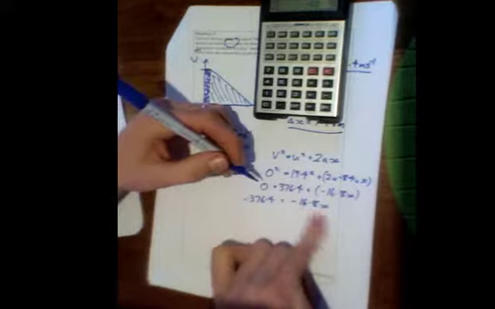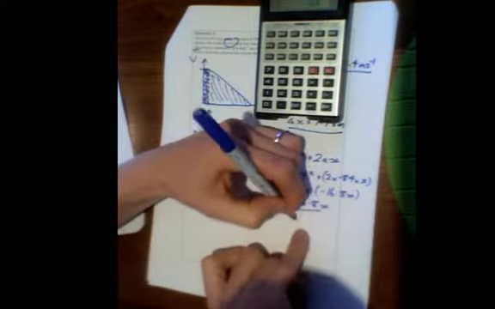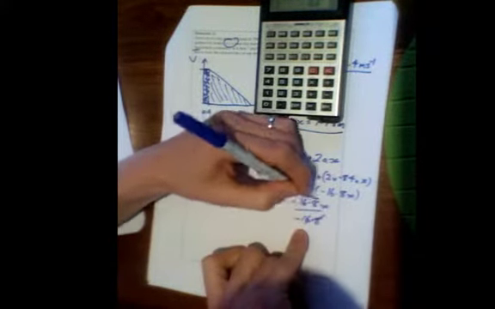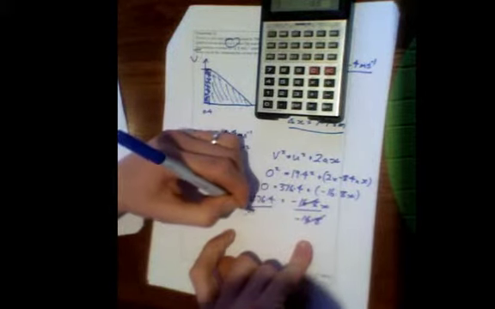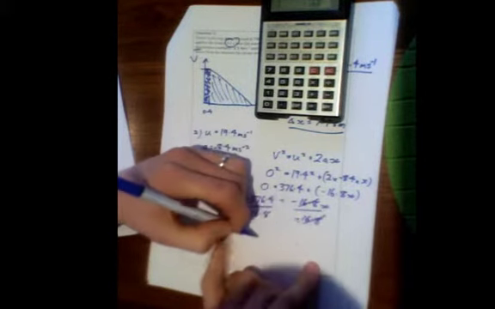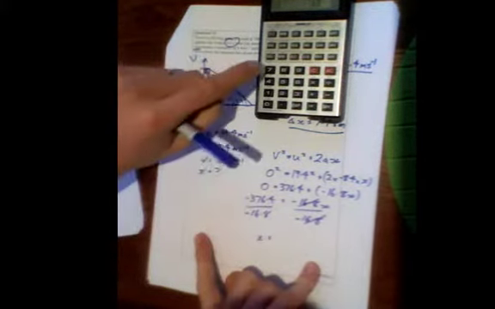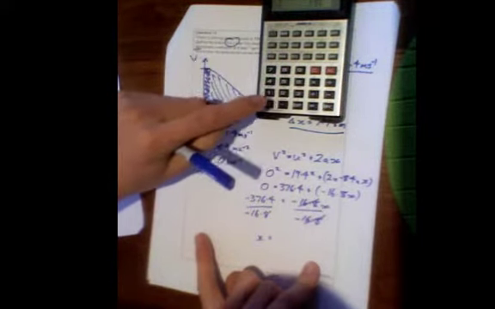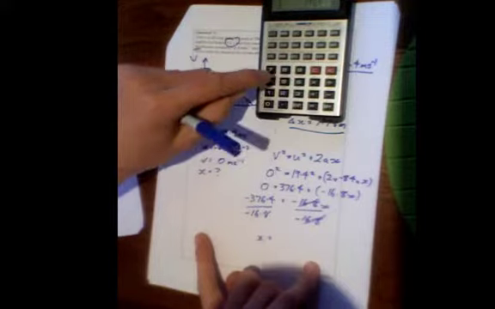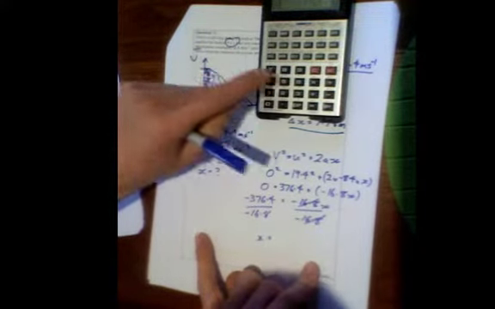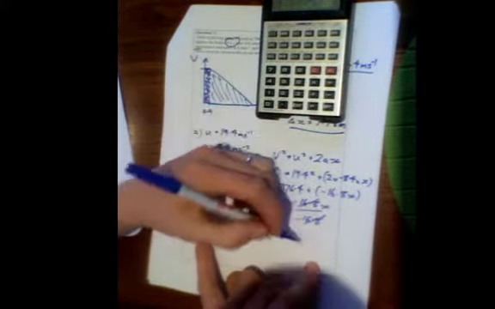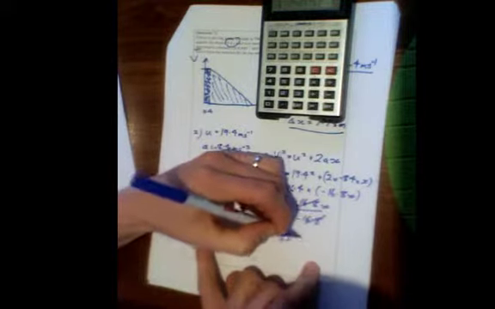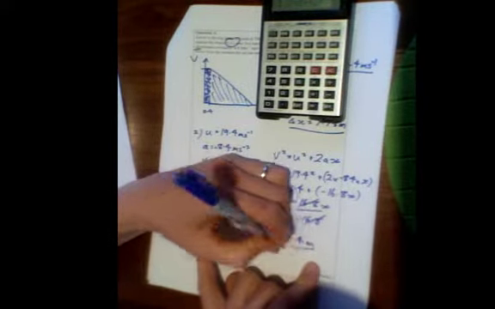To get x by itself, we divide both sides by minus 16.8. Therefore, x is going to be equal to minus 376.4 divided by minus 16.8, which equals 22.4 metres. That's not our final answer, don't forget.